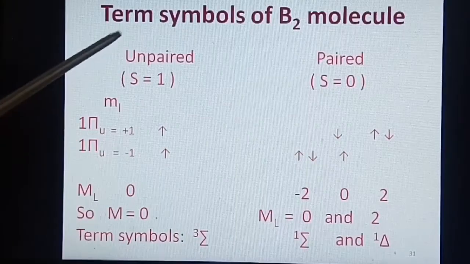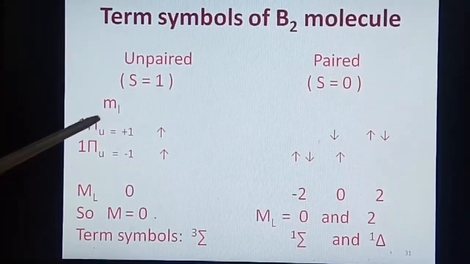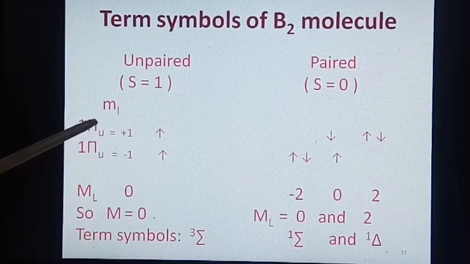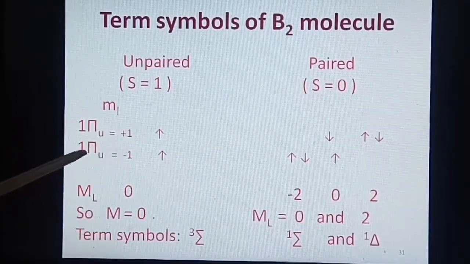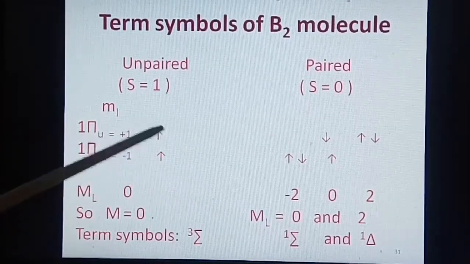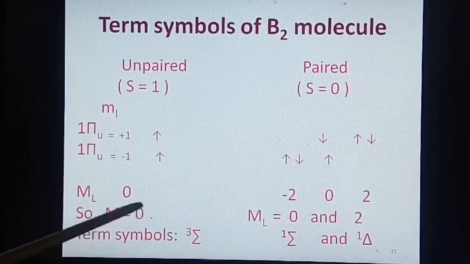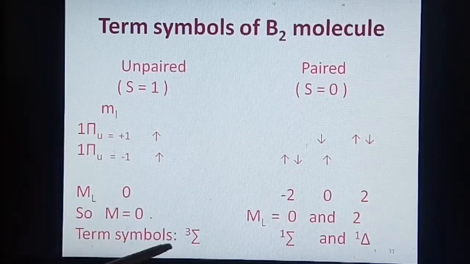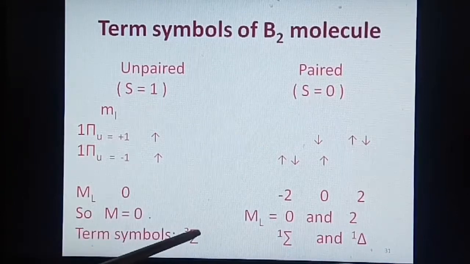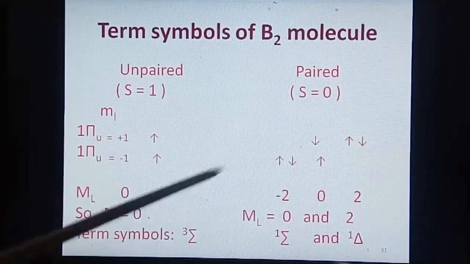Now both the electrons are unpaired, so the spin S will be 1. For ML, there are two pi orbitals, so one 1πu will be plus and the other will be minus. One electron will be in this and one electron will be in this. So the capital ML value will be 0. Because ML is 0, the symbol will be sigma, and the spin multiplicity will be 3, so 3Σ.